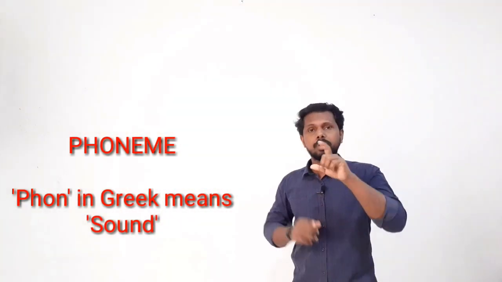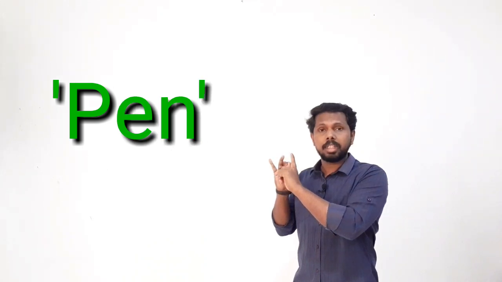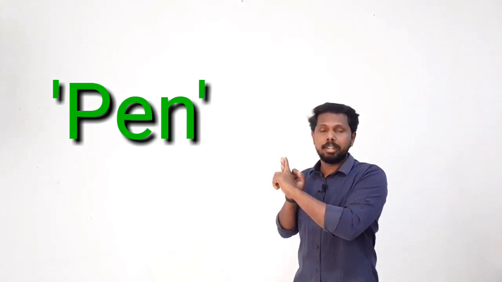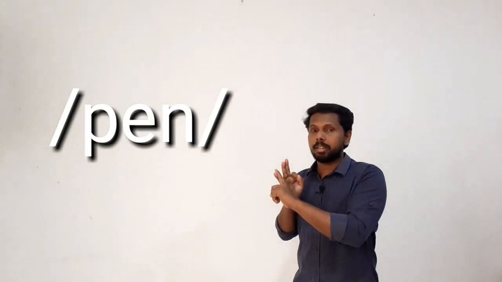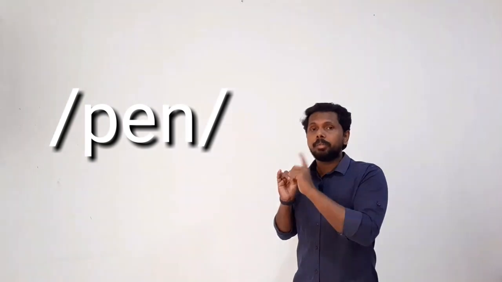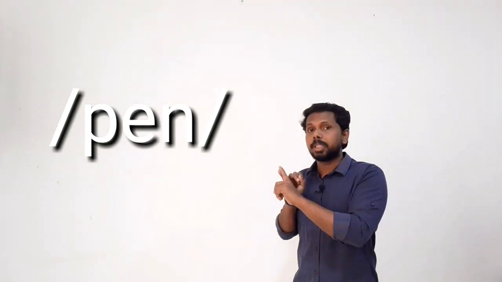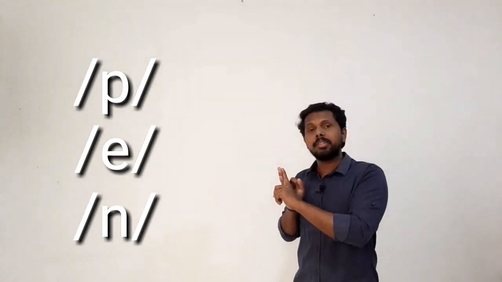Right. For example, when you say the word pen, we have the spelling P, E, N. But when we pronounce it, remember, we pronounce it as pen. So when you pronounce it, we have three sounds, P, E, and N. So in that word, we have three sounds and three letters.